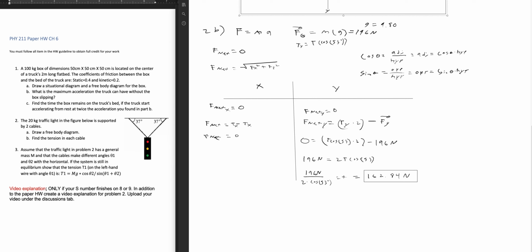Isolate for T once again, and I get 196 newtons over 2 times cosine of 53, which is equal to T, which, when I do the math, is equal to 162.84 newtons.